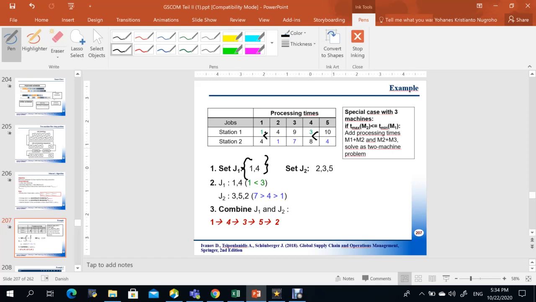For the other jobs, station number 1 has a longer processing time as compared to station number 2, and therefore we have set J2 whenever T1 is higher than T2. Here T1 is lower than T2, okay?